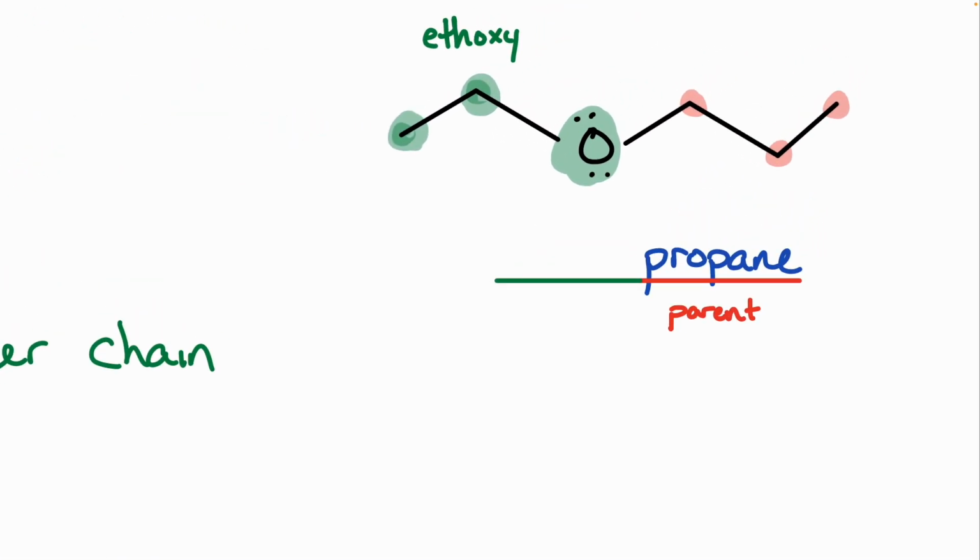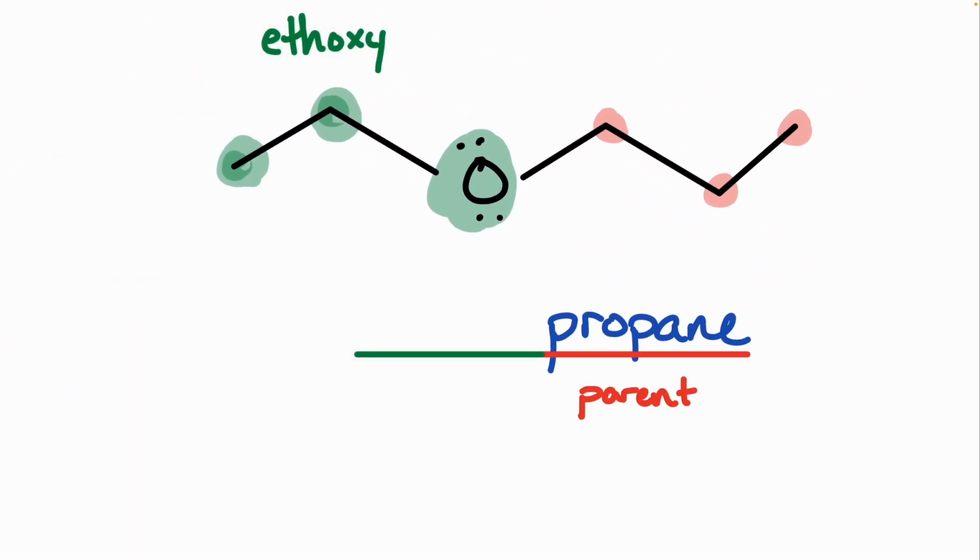So again, I'm going to number my parent chain. I want that lowest number in the name, so that ethoxy group is going to be located on carbon 1. So this is 1-ethoxypropane, all run together, all one word.